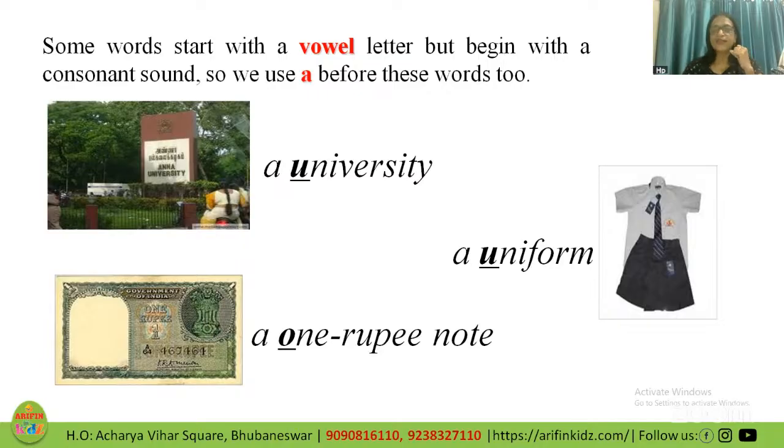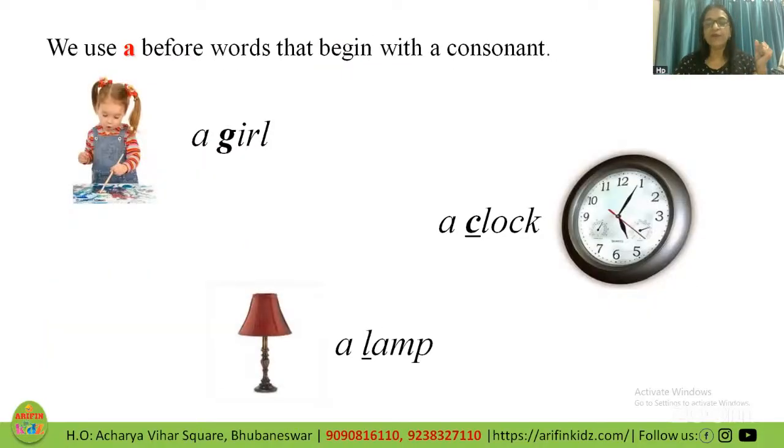So you can see the picture and remember. Girl, clock and lamp, all take a before them, because all are general words and begin with consonants.